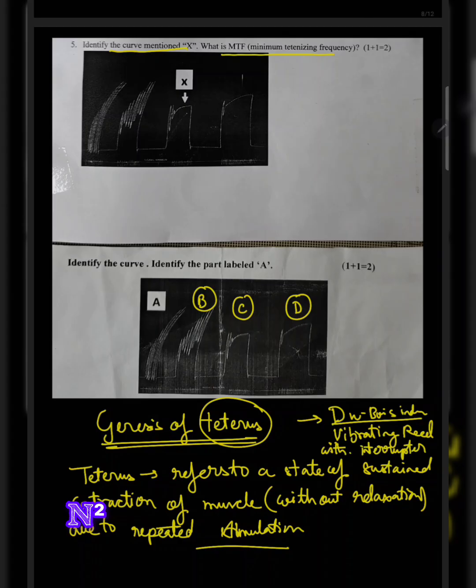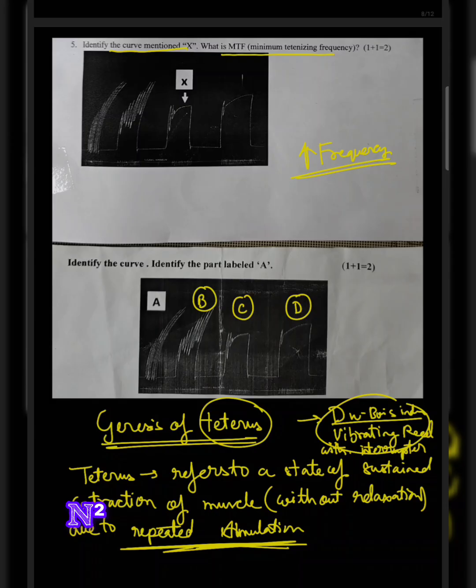So we might use these two instruments, Du Bois inductorium or vibrating reed, to do this experiment, because we have to give repeated stimulation. Mind that this experiment is achievable only when we are using a higher frequency of stimulation. That means the stimulation has to come at least at a rate of 15 to 20 times per second.